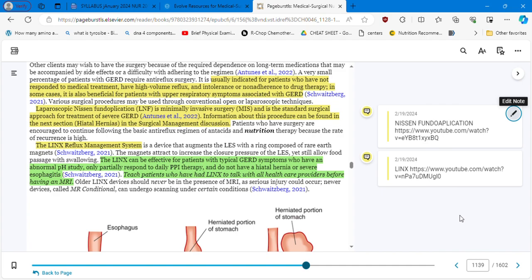What's happening is that they are taking a portion of the fundus of the stomach, that I explained in class what part is the fundus, and they are going to take that part without separating the stomach and the esophagus. They are going to put it like an elastic, right? They are going to wrap it around the esophagus, and then they finish with stitches.